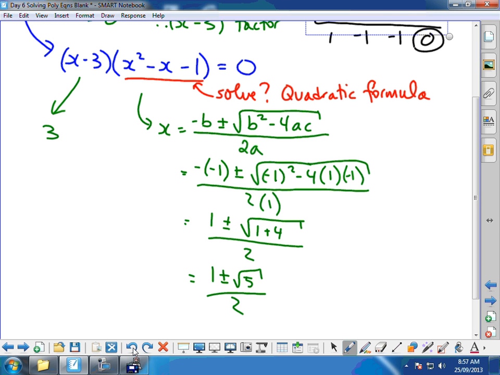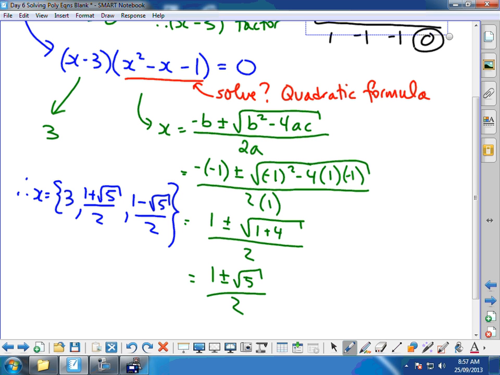And so we finally have a solution set of 3, 1 plus root 5 over 2, and 1 minus root 5 over 2. I think it's important when you go off and actually write the solution set, do write all 3 of them down. So write the plus answer for one and the minus answer for the other. It's a good way to remind yourself that there are 3 answers.